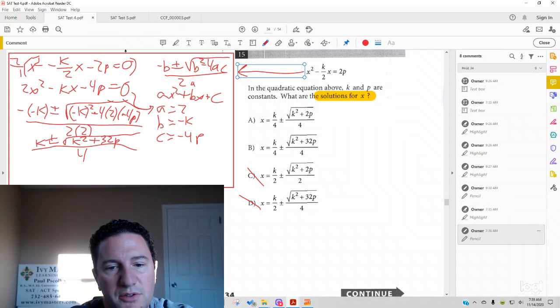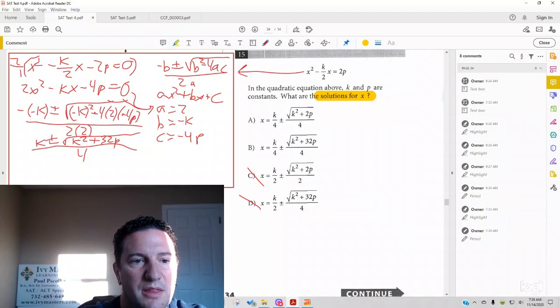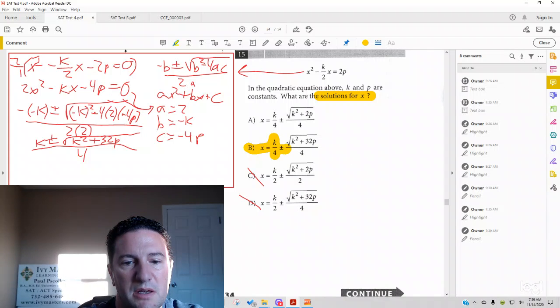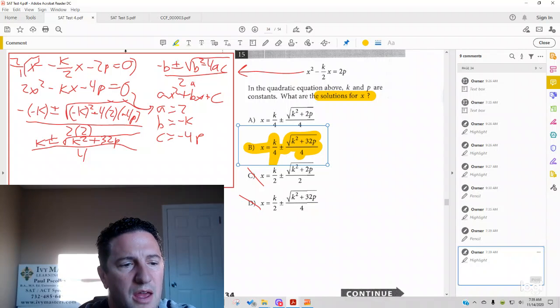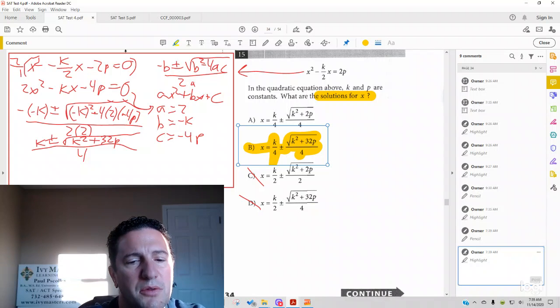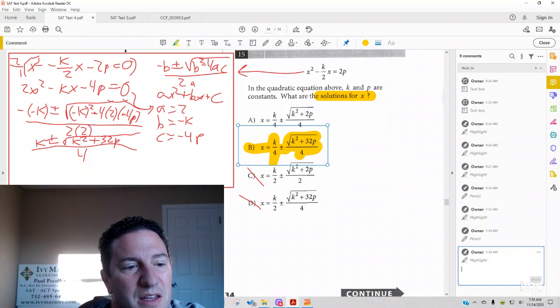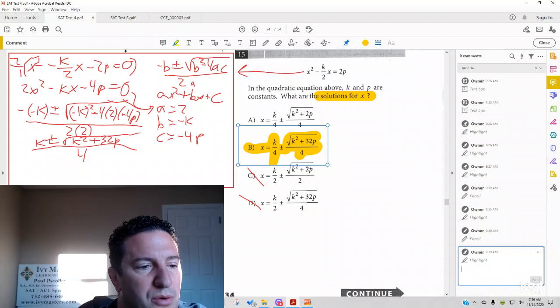And if you look at your answer choices at this point, you can tell that answer choice B is your correct answer. So it's a good idea to glance over the answer choices as your question progresses. The only thing that answer choice B does that we don't see in this problem at this point is it separates.